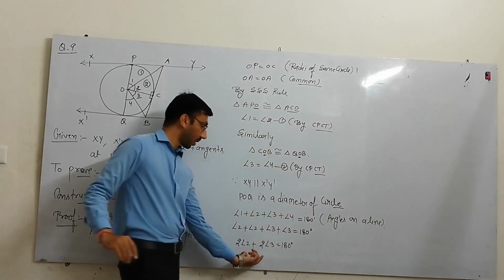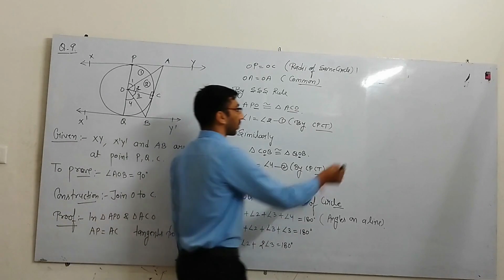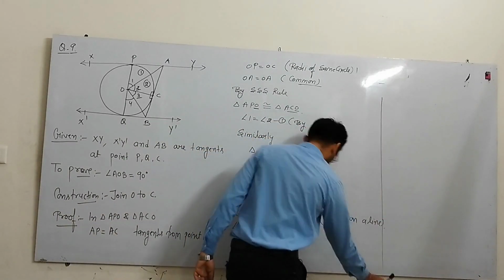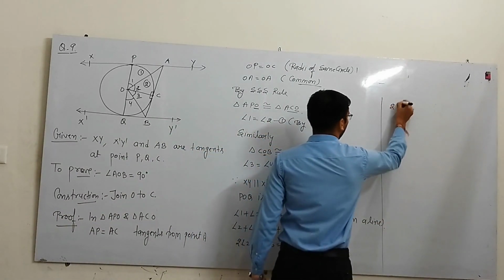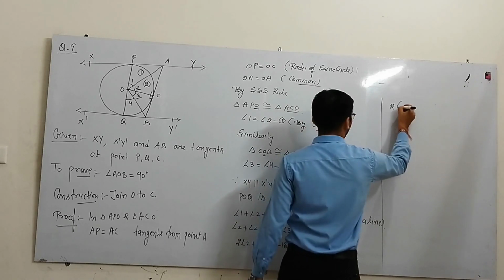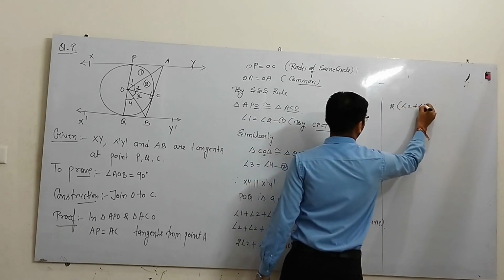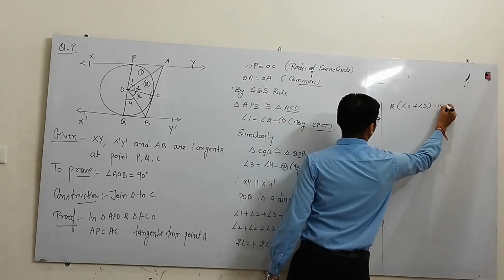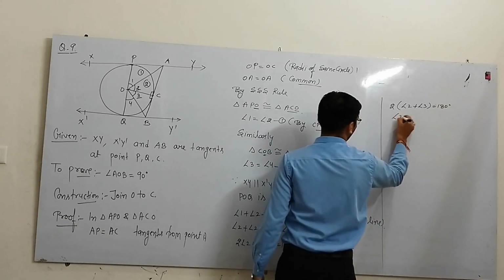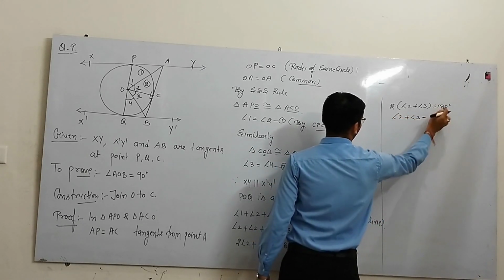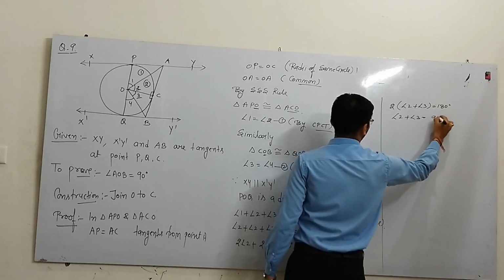Now from both the parts we can take 2 common. The value which is left in the bracket, that is angle 2 plus angle 3, will be equal to 180 upon 2, that is 90 degrees.